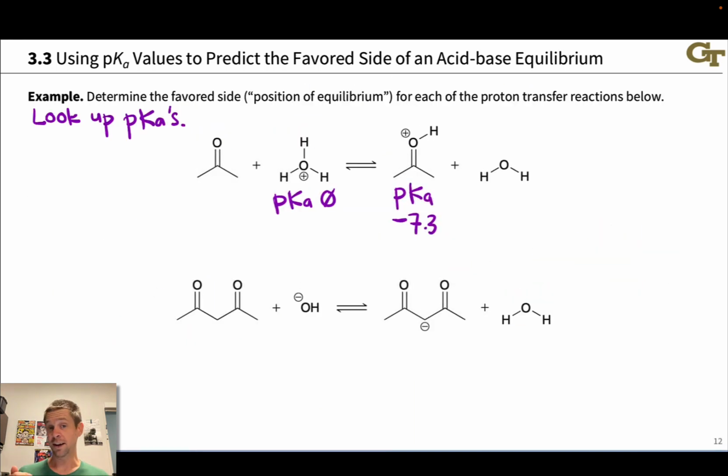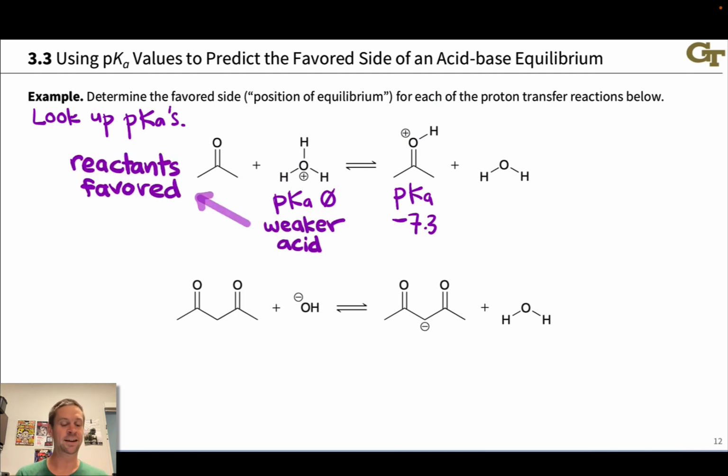The weaker acid here is actually hydronium, the acid with the higher pKa. This indicates that the reactant side is favored. And so the forward reaction goes to a negligible degree here, with a delta pKa, if you like, a pK for the overall reaction of 7.3. And so this reaction is going to be favored in the reverse direction, not the forward direction.